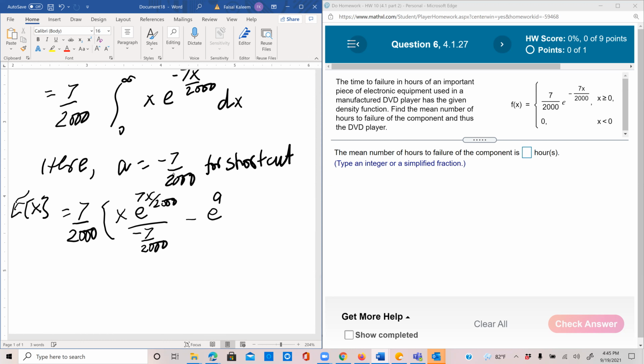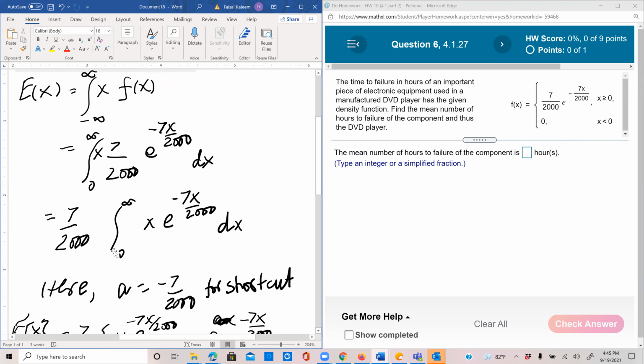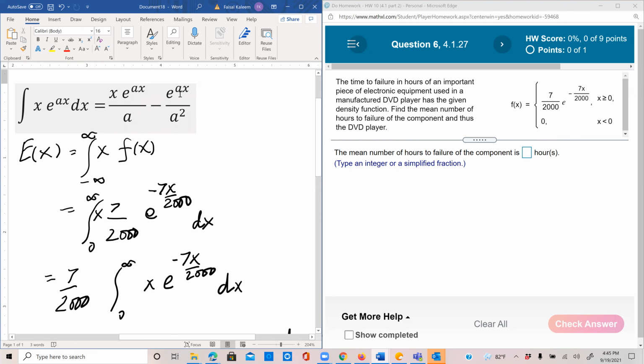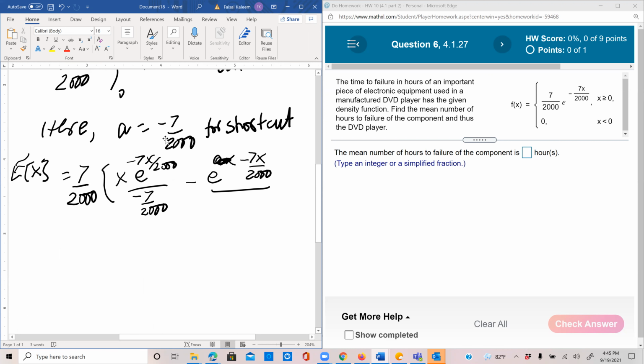So minus e^(ax), and ax means this is also negative, so minus e to the negative 7x over 2000, over a squared, and a is negative 7 over 2000 whole squared, from 0 to infinity.